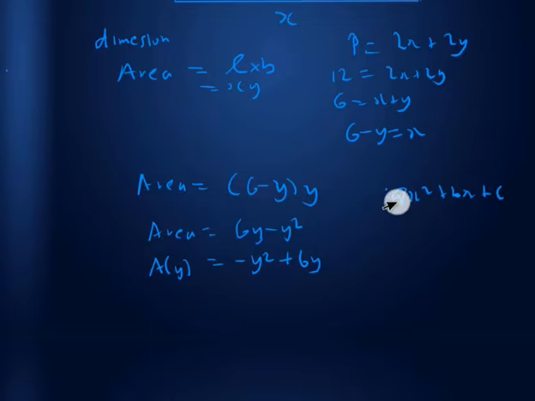So now notice something, right? Whenever they ask for the maximum, how do you know you're on the right track? If they ask for the maximum and it's a parabola, notice that the value of a is negative. When it's negative, it's a frowny-face parabola. A negative frowny-face parabola has got a maximum value, the highest value, right?